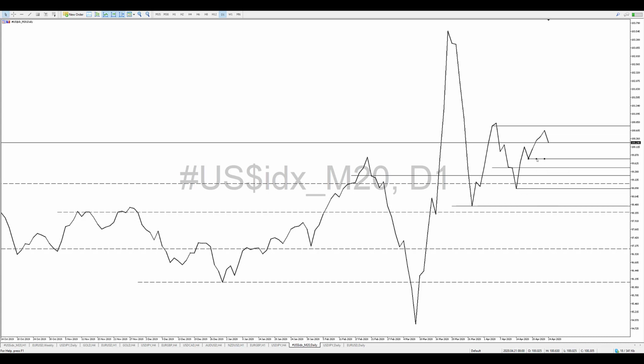Then I've got this low here, and then we've got this high here from last week, and then we have this high also, right? So now that I've marked those levels, you can see the weekly level that I marked. Look how interesting it is on a daily.